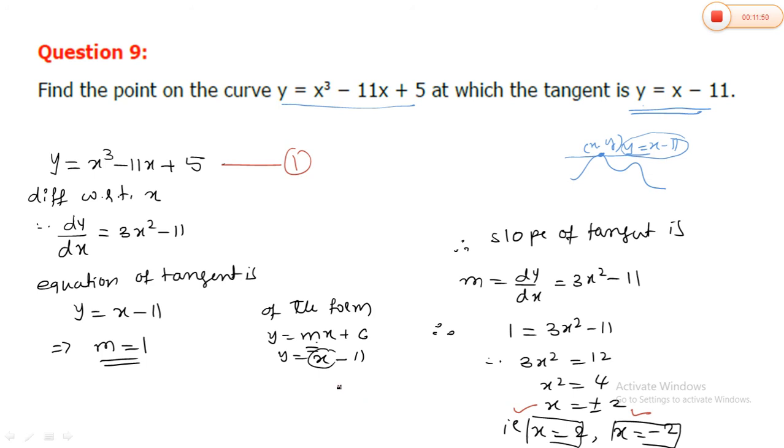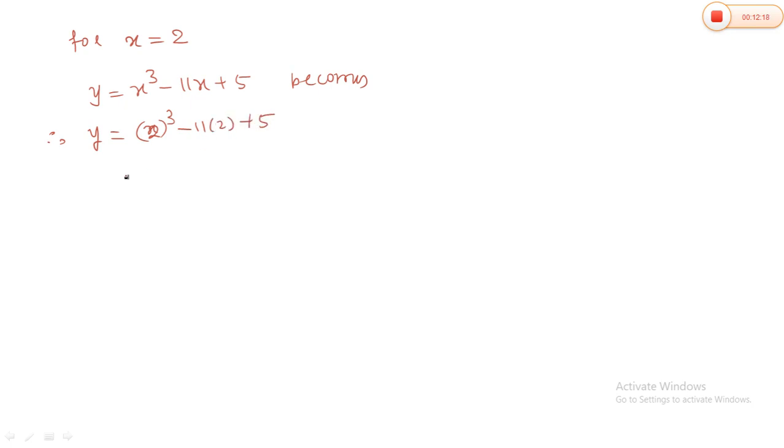So y equal to x cube minus 11x plus 5. For x equal to 2, y equals 2 cube minus 11 into 2 plus 5, which is 8 plus 5, 13, minus 22, equal to minus 9. So this is (2, minus 9).